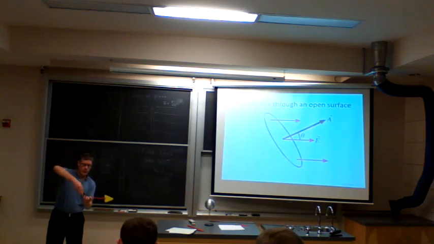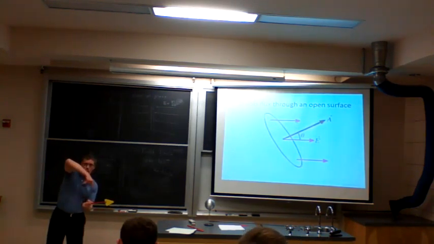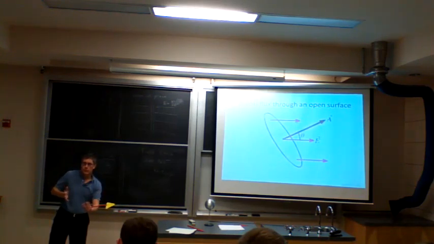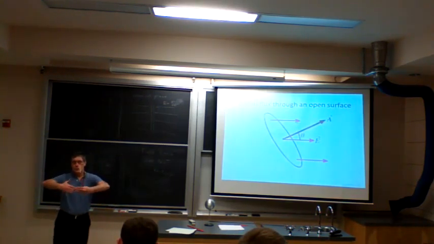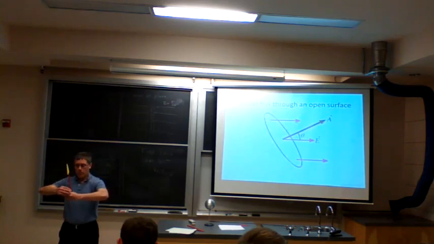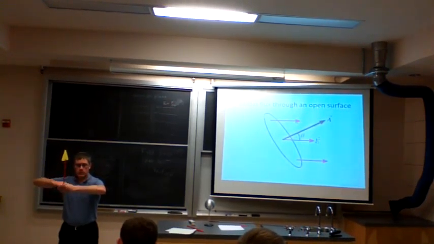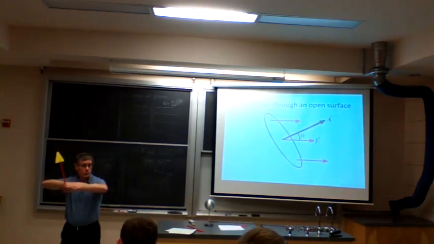If the field and the tangent to the surface are oriented, we just look at the area of the surface times the electric field, and that tells us the flux. If they're perpendicular, then there's no flux through the surface.